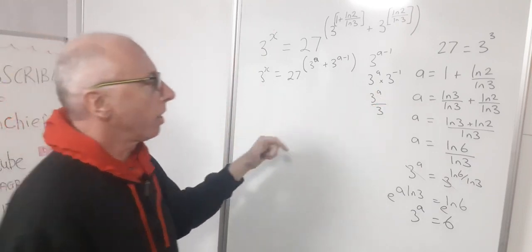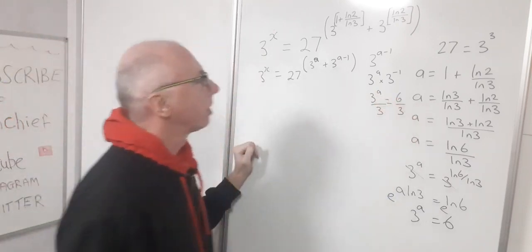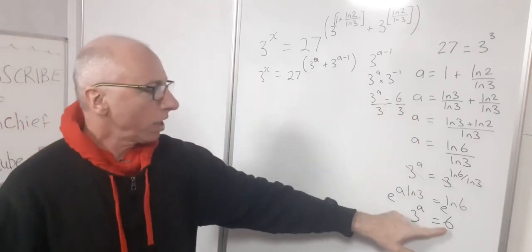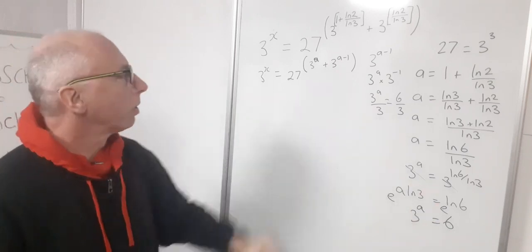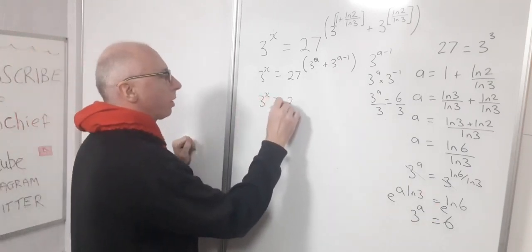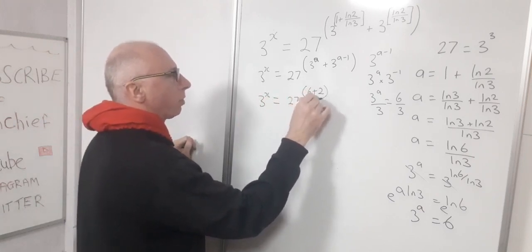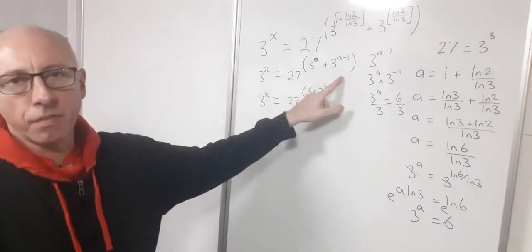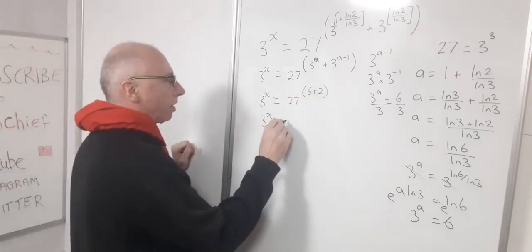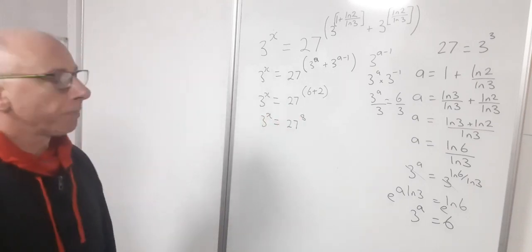Well, 3 to the a I know is 6, so now I've just got 6 over 3. So now in these powers, I can just write 6 plus 2. So 3 to the x equals 27 to the power of 6 plus 2. So that takes care of that. So now 3 to the x equals 27 to the power of 8.